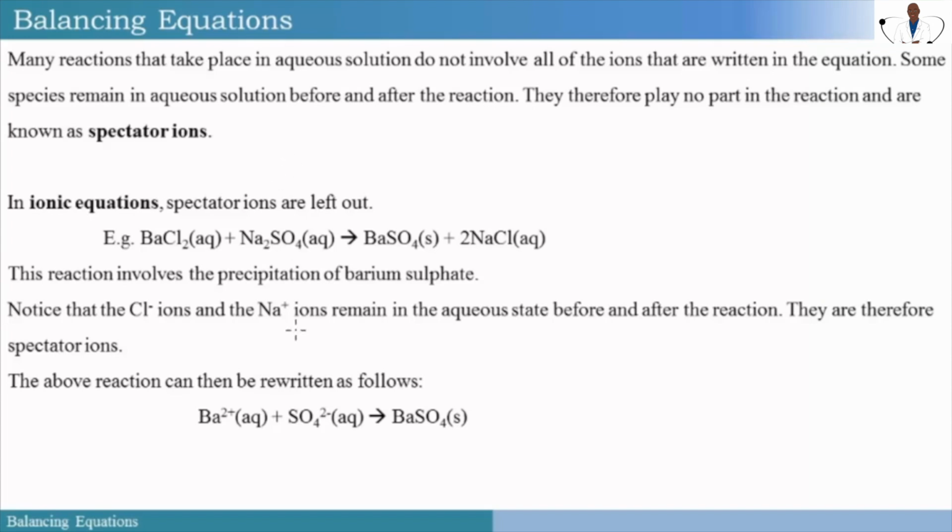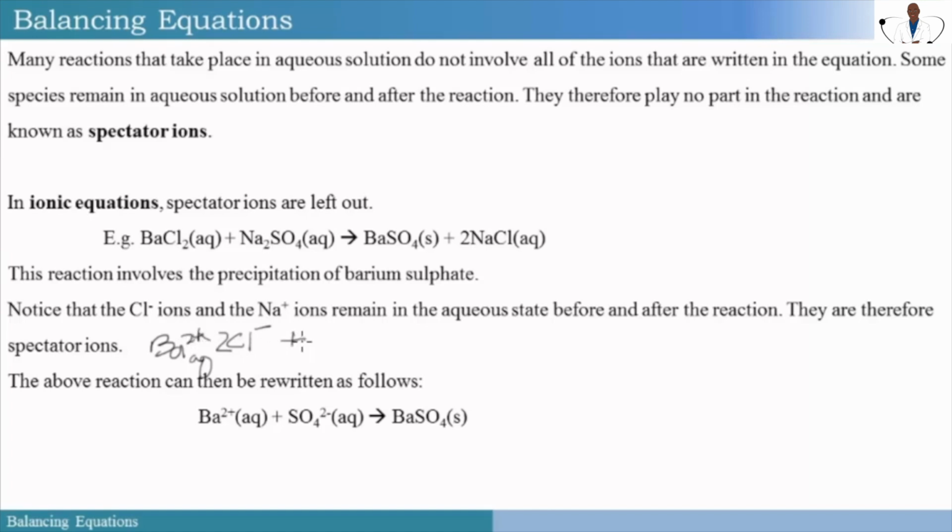So Ba, aqueous, would form 2 plus and Cl would form minus. Now notice I must ensure that I have mass balance and charge balance. So because Ba is 2 plus, I must have 2 Cl minus to balance out that positive charge.